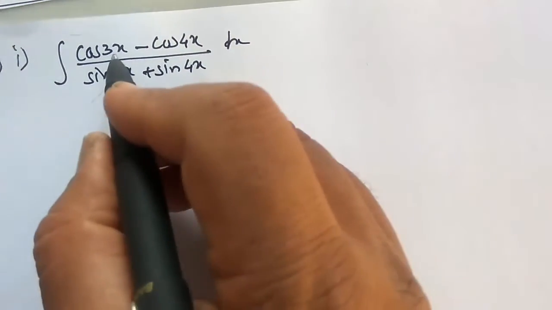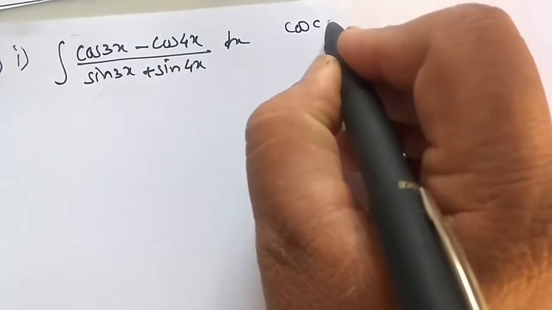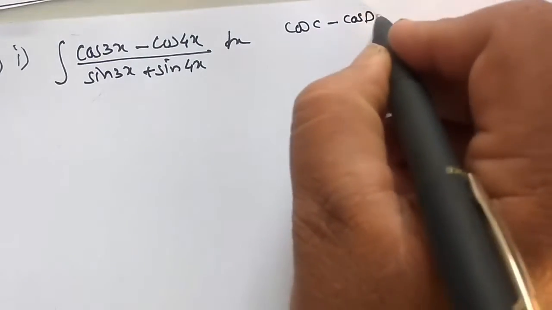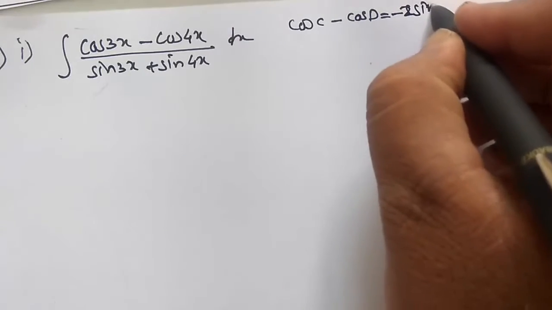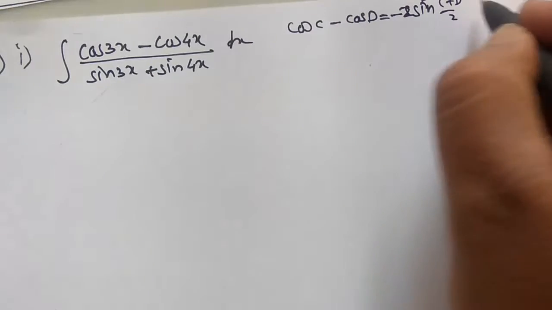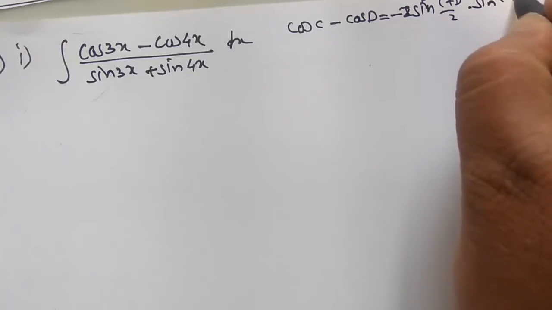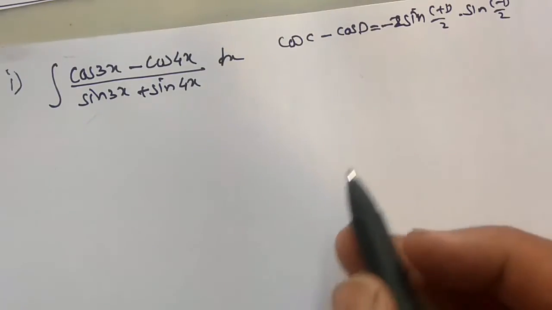We know that the formula for cos c minus cos d is minus 2 times sin of (c plus d) by 2 into sin of (c minus d) by 2.